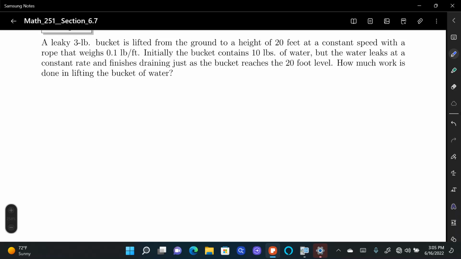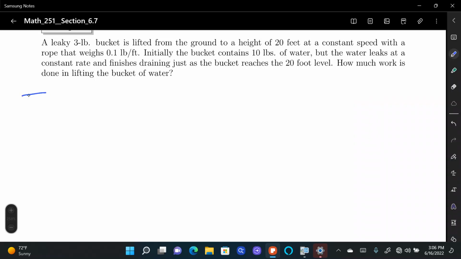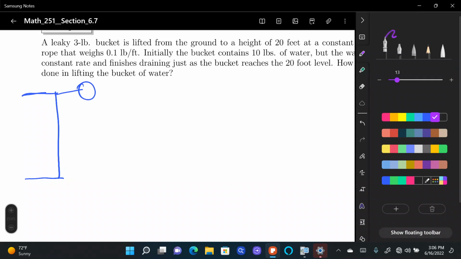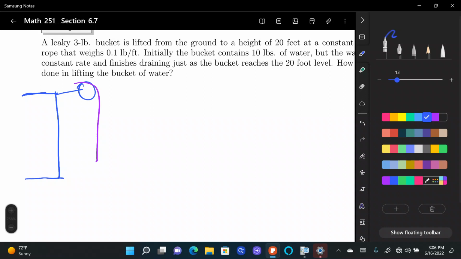So all the work for nothing. You end up with, you're trying to get water, it's leaking, you get nothing in the end. That's kind of weird, but anyway. Let's draw a picture, of course. So this is y equals 0, y equals 20.